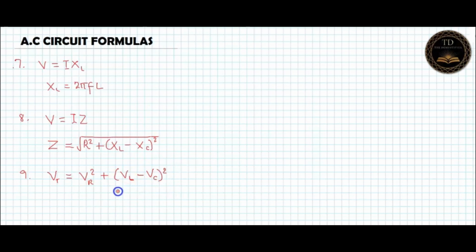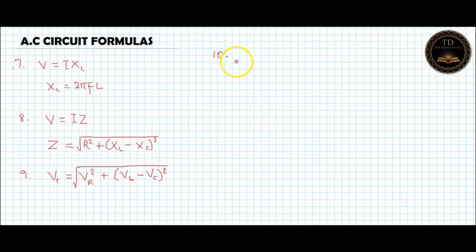With this formula you can get the total PD across a circuit that contains these three. Sorry, I forgot to put this in. So it's the square root of this.